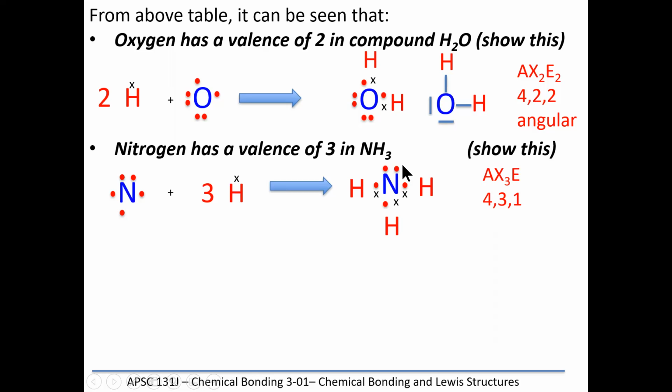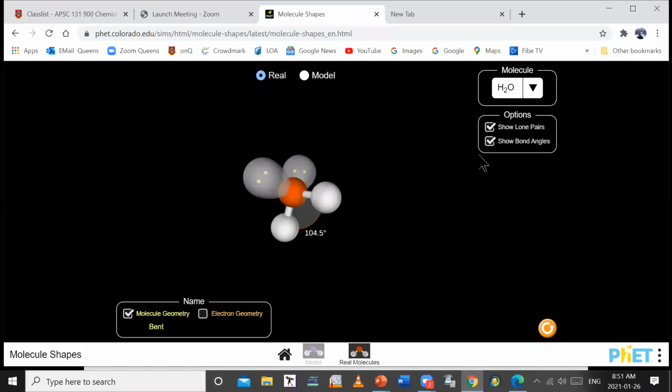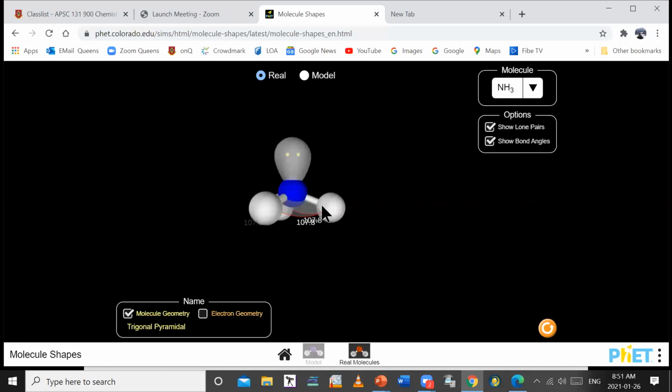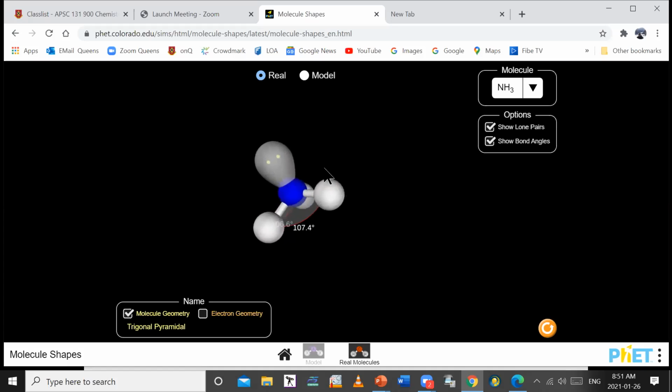And again, if I wanted to visualize what this molecule looks like, I can use this particular model here to demonstrate to you what it looks like. You can see that that unshared pair of electrons affects the shape again through repulsion. We call this a pyramidal shape or a trigonal pyramidal shape. There's 3 atoms, and an unshared pair.